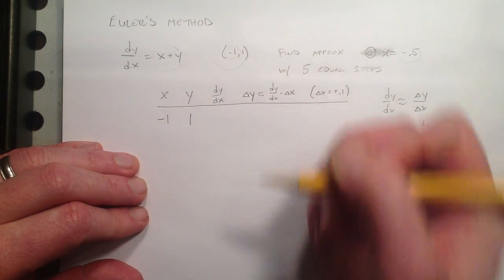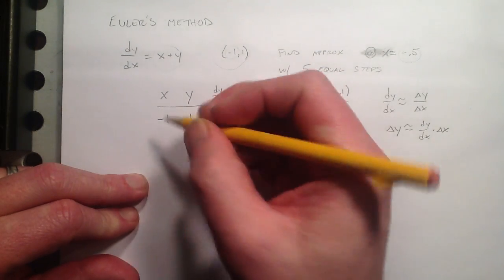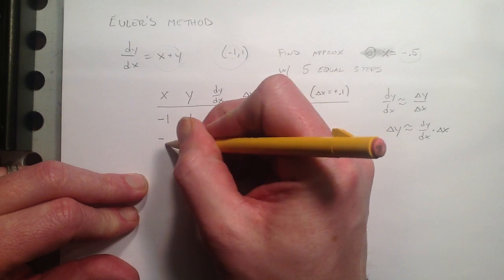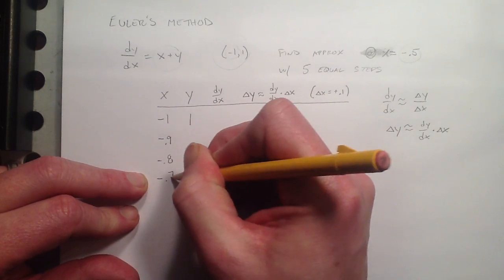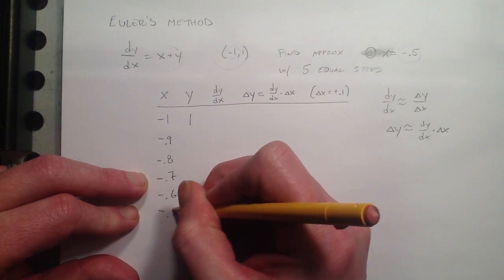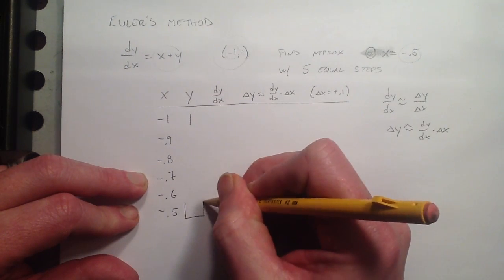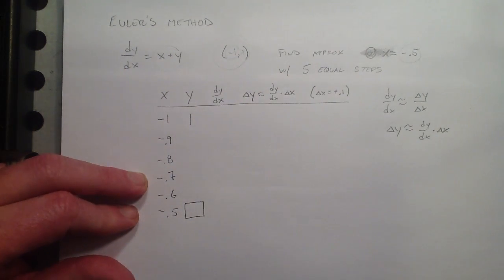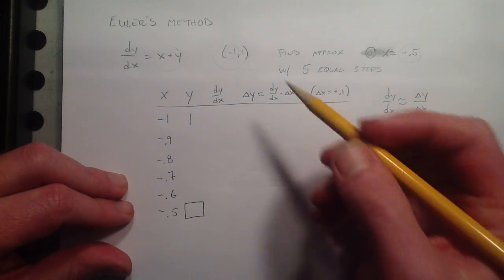And if you want to keep track of where you're headed, you know that your x values are going to go from -1 to -0.9 to -0.8 to -0.7 to -0.6, and then finally -0.5. And right here, when we find our y value, that's our target number. It's probably going to involve some calculator work here.